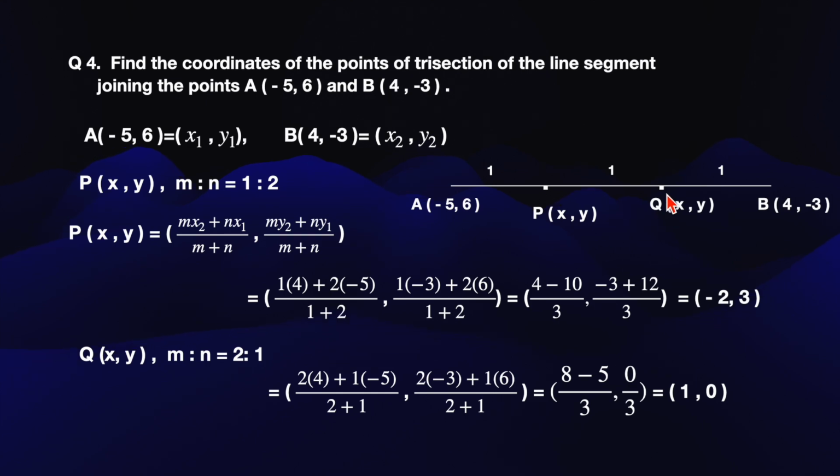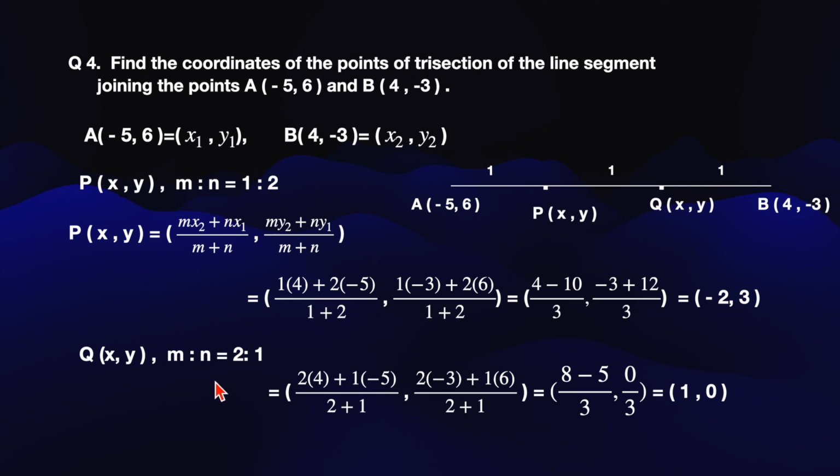Now let's try to find the coordinates of Q. So what is here the ratio? AQ upon QB. So AQ is what? 1 plus 1, 2. So 2 is to 1. So here m is to n is 2 is to 1. For the point P, it was 1 is to 2.